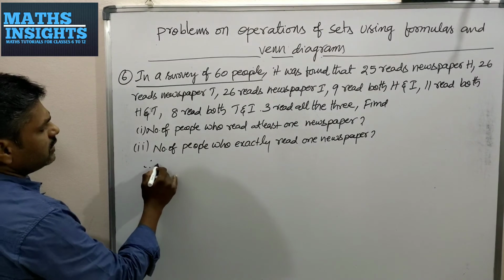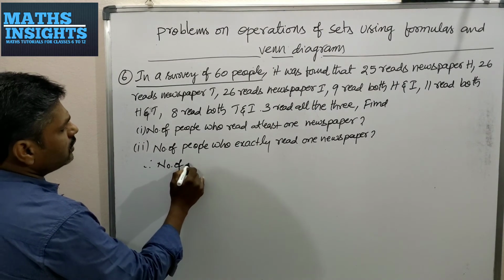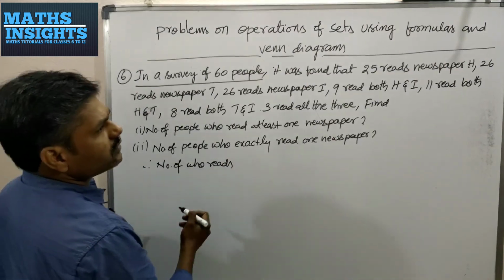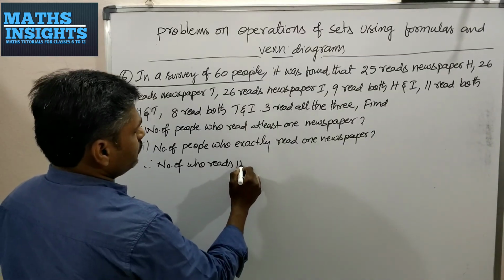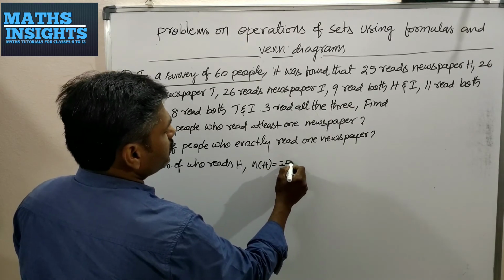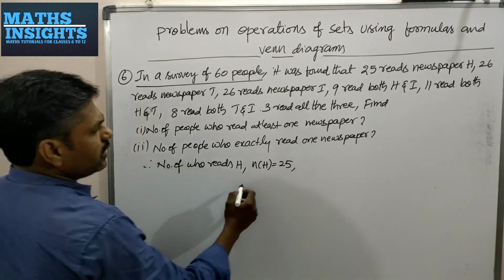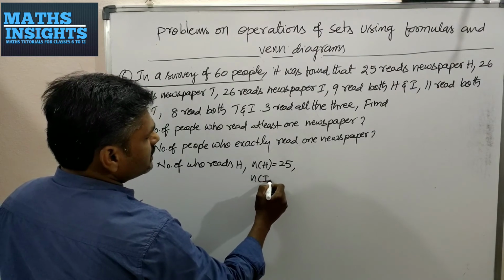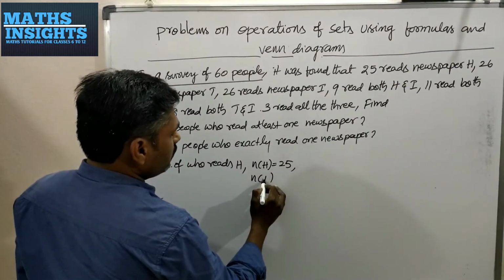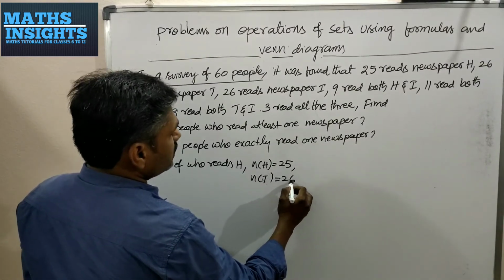Let number of who reads, what is the first paper? H. Number of H is equal to 25. Similarly, the second newspaper is T. I am writing number of T. Number of T is equal to 26.